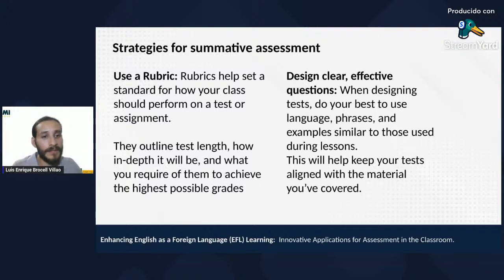Rubrics help us set a standard for how your class should perform on a test or an assignment. If we use rubrics in our class, the students are able to read and know how they should perform in that activity.